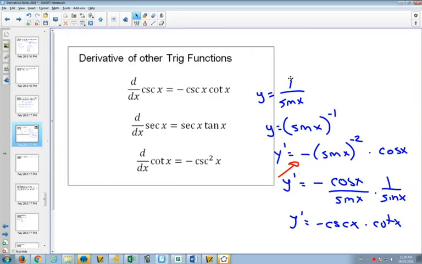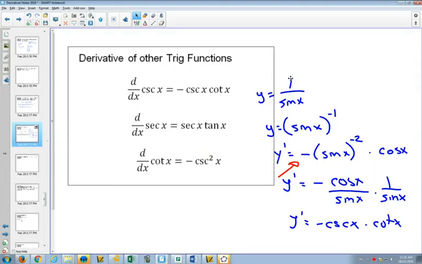Same thing with our formula that cotangent squared plus 1 is cosecant squared. Here we have the derivative of cotangent is negative cosecant squared. And the derivative of cosecant has a cosecant and a cotangent. The negative signs, where they go, that gets a little bit more complicated. I tend to find these ones I don't use as much.